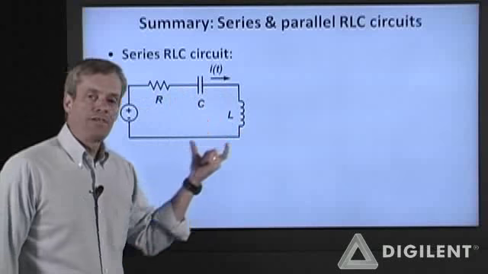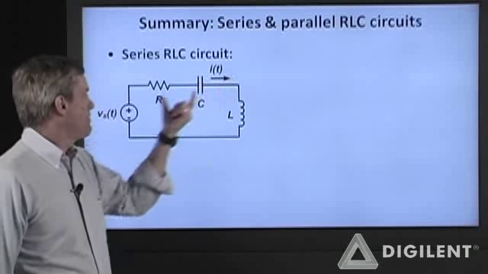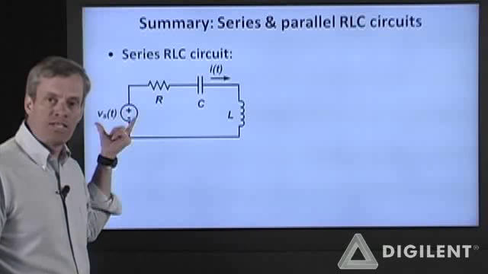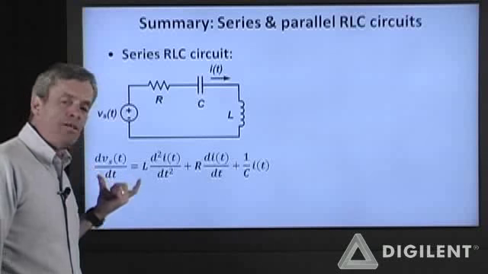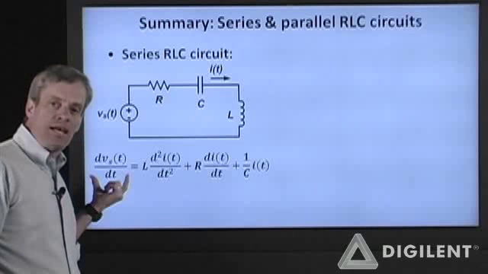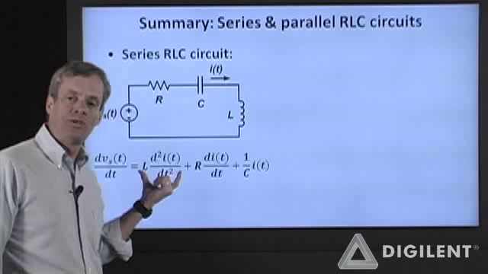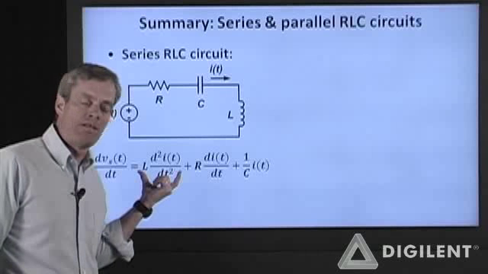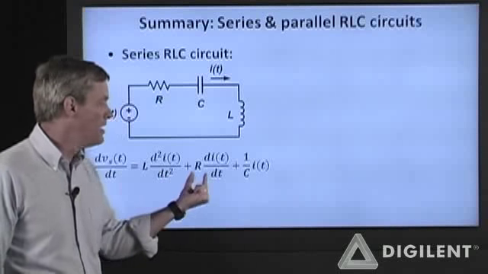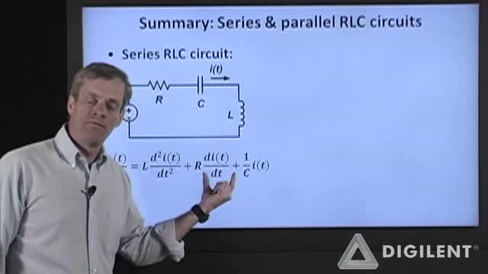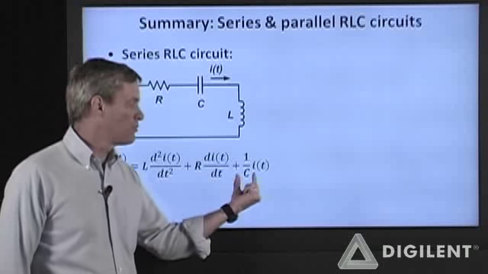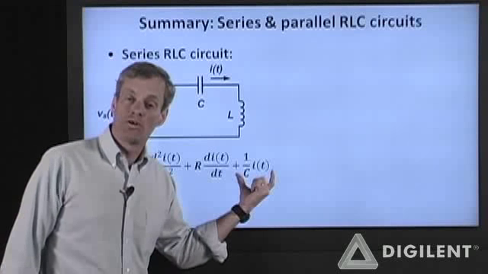When we derive the governing relationship relating i of t to the source voltage v sub s of t, we developed an equation that was dVs by dt is equal to L times the second derivative of i with respect to time plus R times the first derivative of i with respect to time plus 1 over C times the current itself.